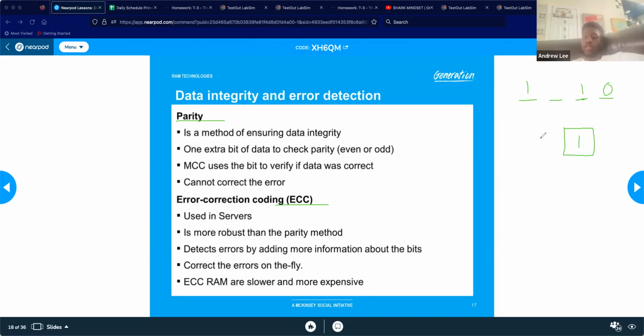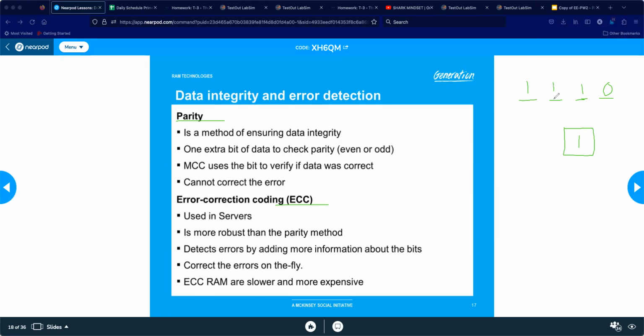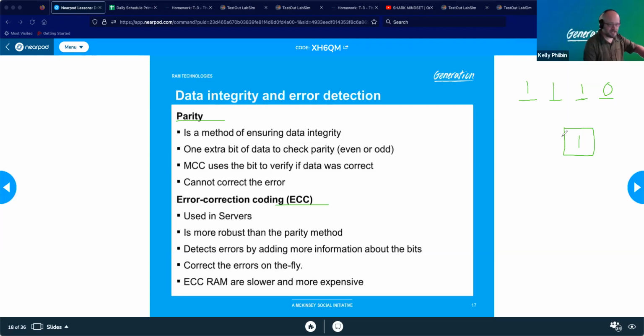It tells you that the information you received was odd and made even by parity. Okay, so what does that tell me about the missing bit? That it's a 1. It's a 1, right? Right. So through the use of parity, we can go backwards and correct missing data. So this is what error correcting code does.